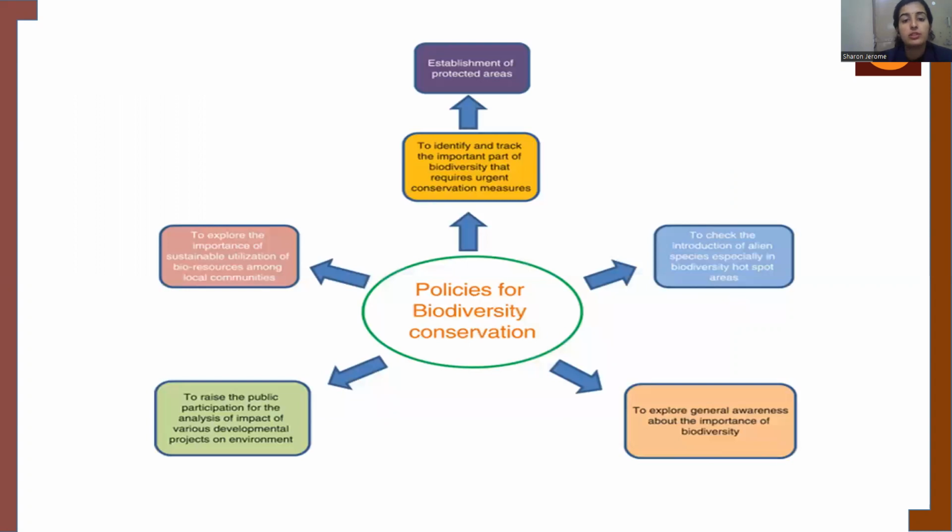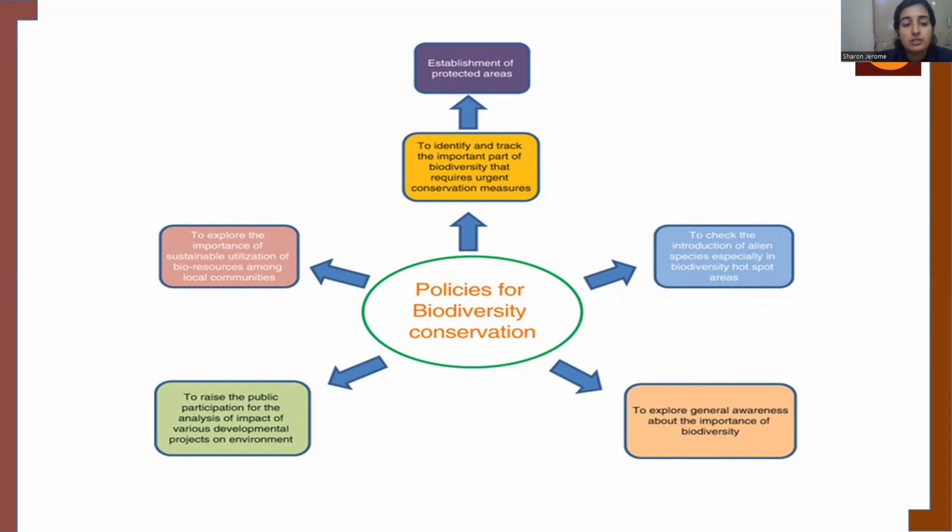When we talk about the policies of biodiversity conservation, it is important to raise public participation for the analysis of the impact of various developmental projects on the environment. It is very important because we humans are the main role-playing characters in this biodiversity. So it is important that we participate in various developmental projects of the environment.